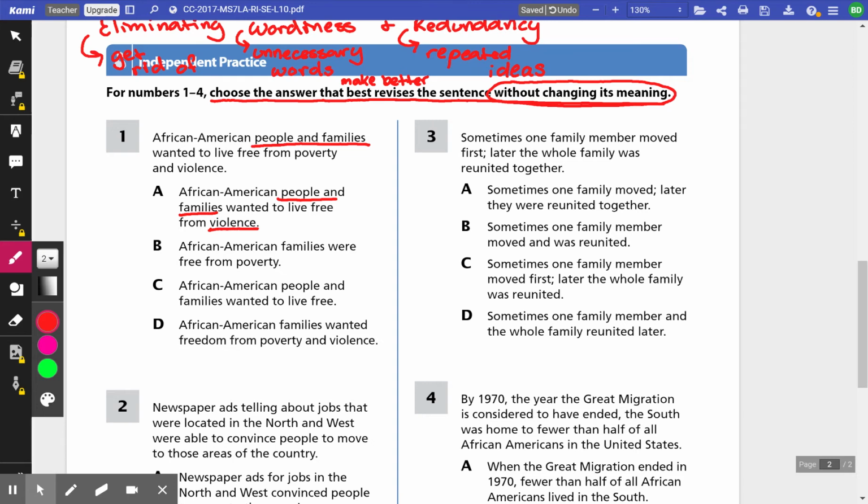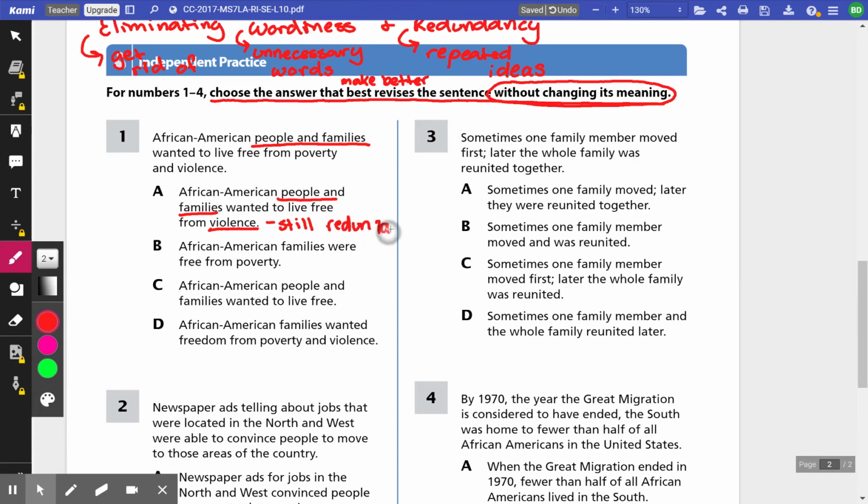If you are living in poverty, it means that you are poor. You can't afford your basic necessities, the things that you need, and we know what violence is, right? So the meaning of this sentence has been changed a little bit, and it's still redundant, because it's saying people and families when we could condense that into one thing.